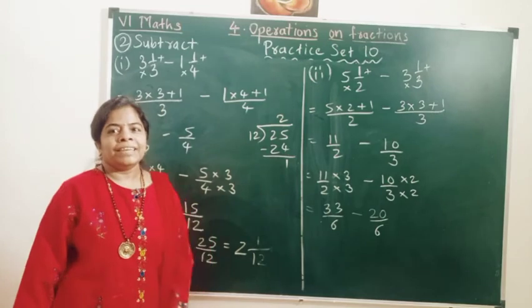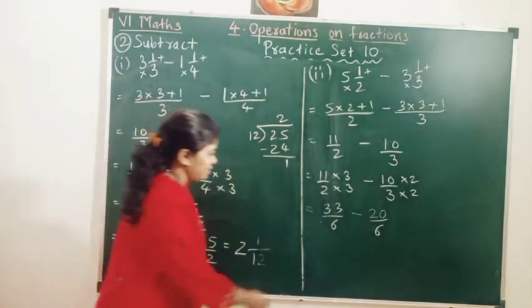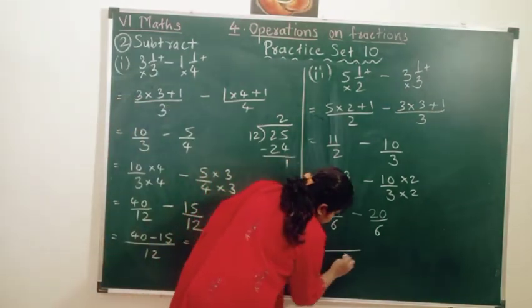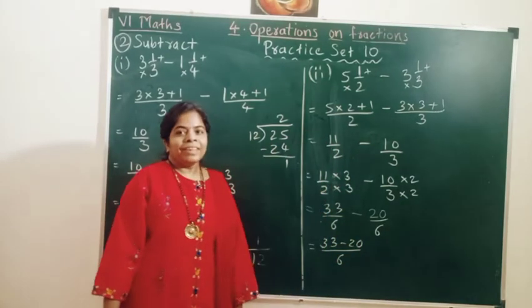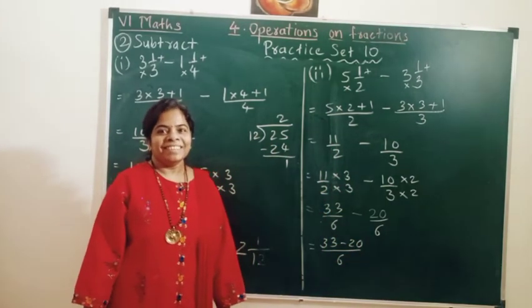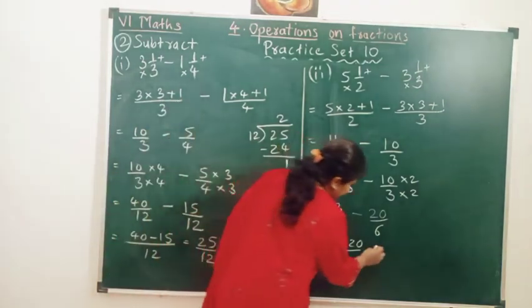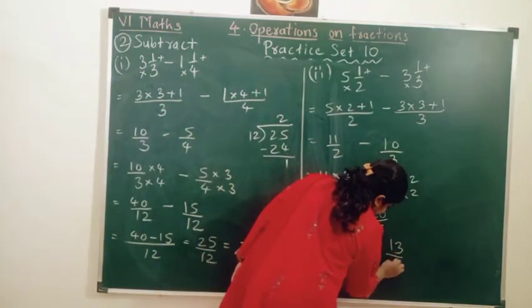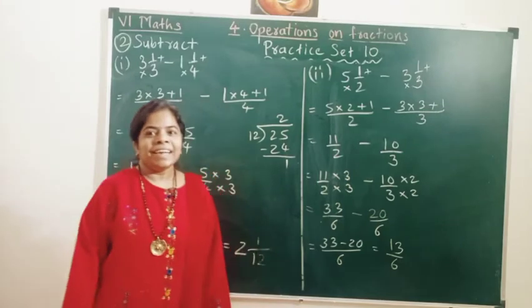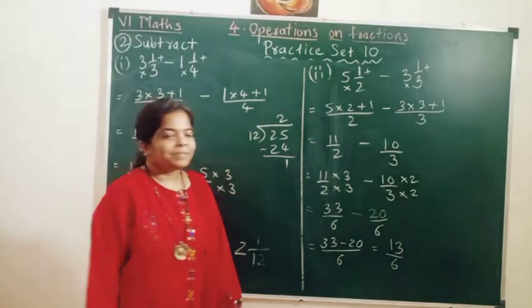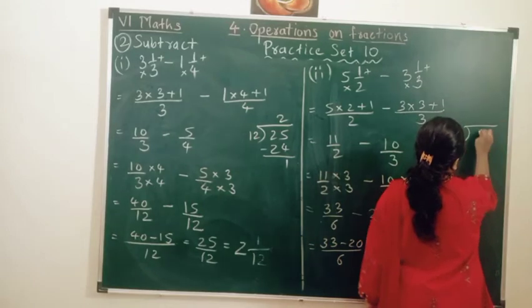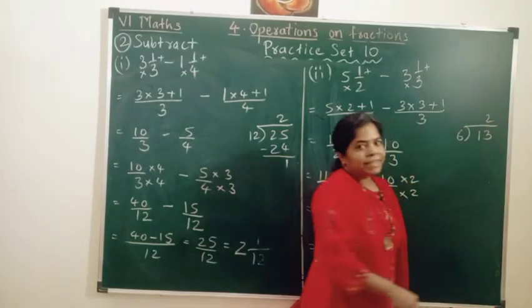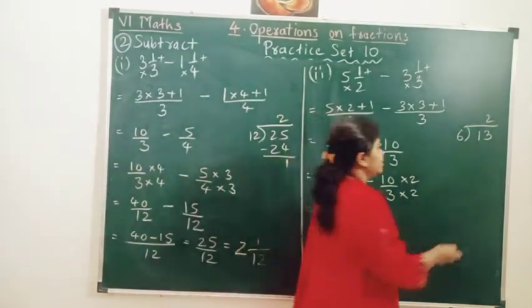Now let's take a common denominator. 33 minus 20, 13. Let's write it in mixed fraction form. 6 2s are 12.